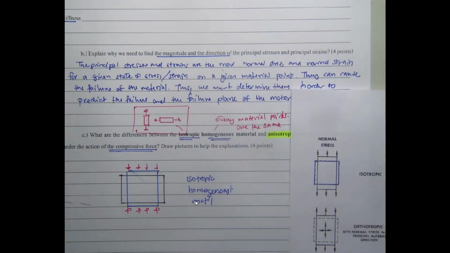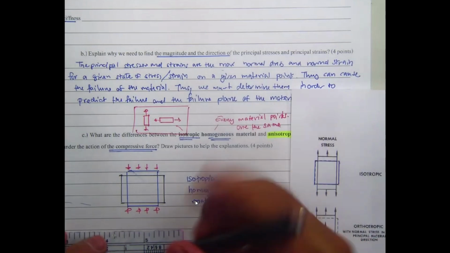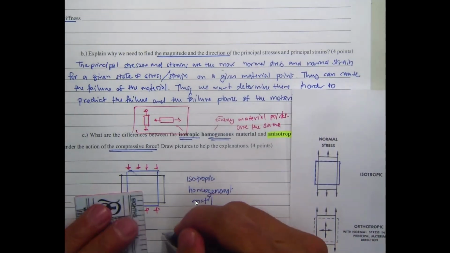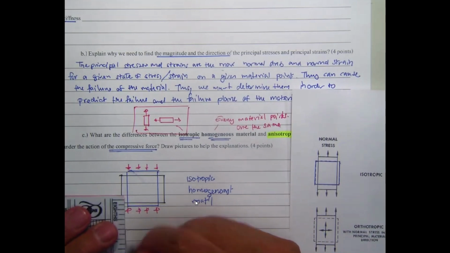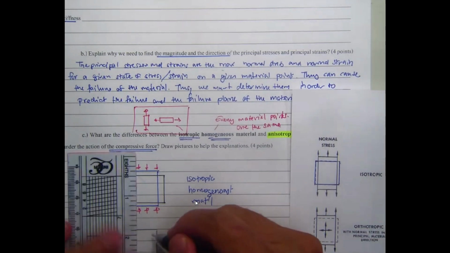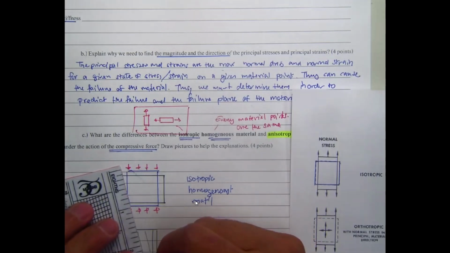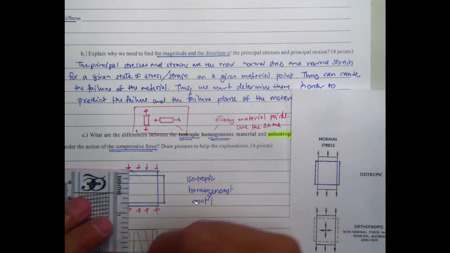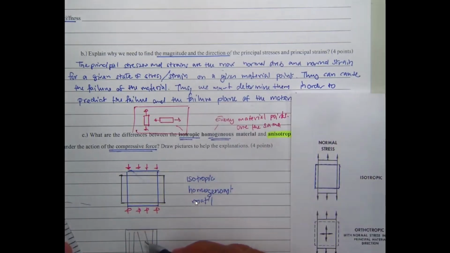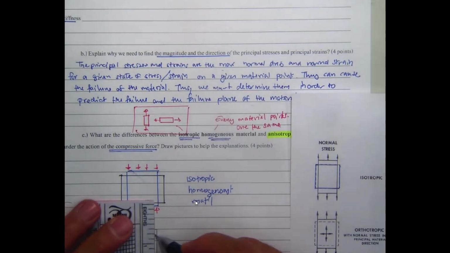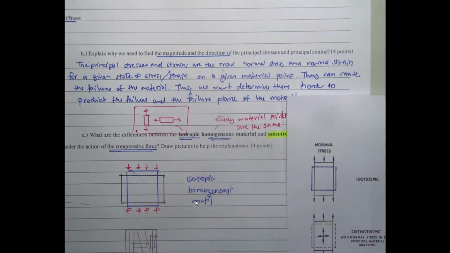And then for the other one, since it is anisotropic, you may need to put more detail to show. First, not every material point is going to be the same. When you cut it in one direction and cut it in another direction, it won't be the same.